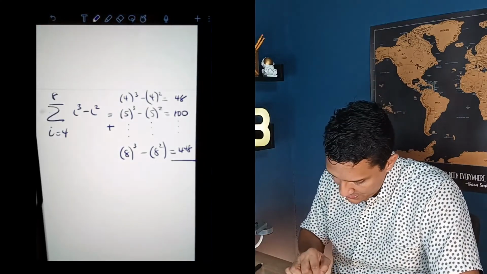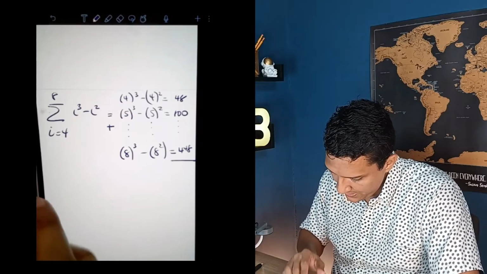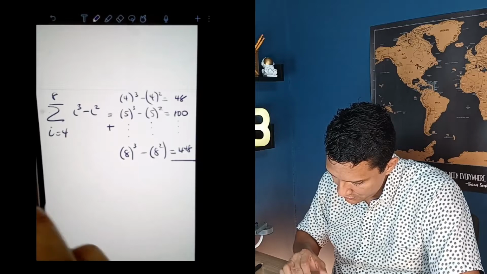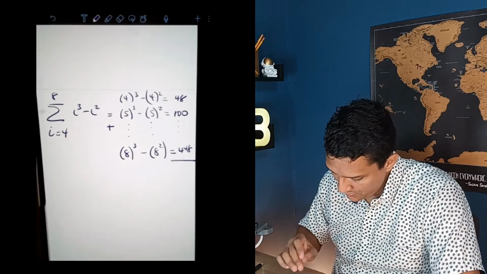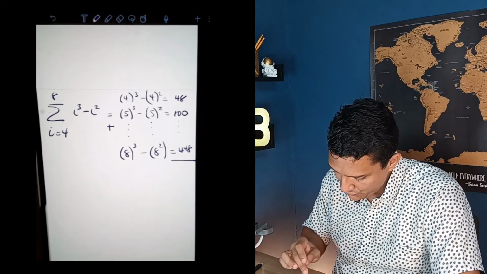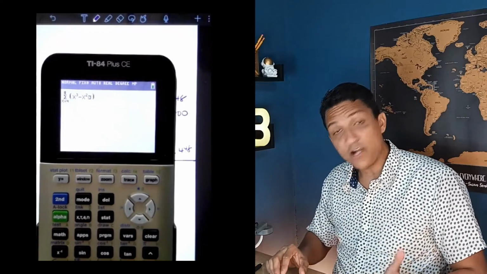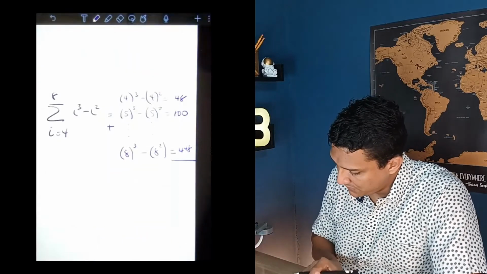So x starting at 4 up to 8 of the expression x to the third power minus x to the second power. I mistyped here. Notice that I already input the expression. I'm gonna press enter, and as you can see, the answer is 1070.